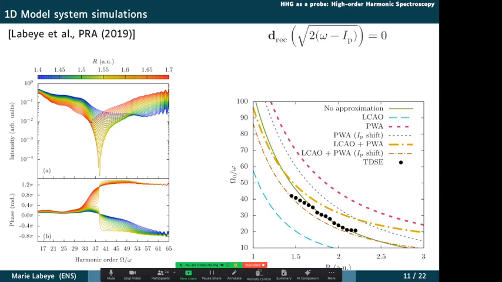The position of this minimum I can put here in black on the curve. So here it's the harmonic for which I have a minimum as a function of R. And in green, this is the position of the minimum of this quantity that I just mentioned before. And actually, it's not just a minimum, it's an actual zero of this property that I can compute numerically.